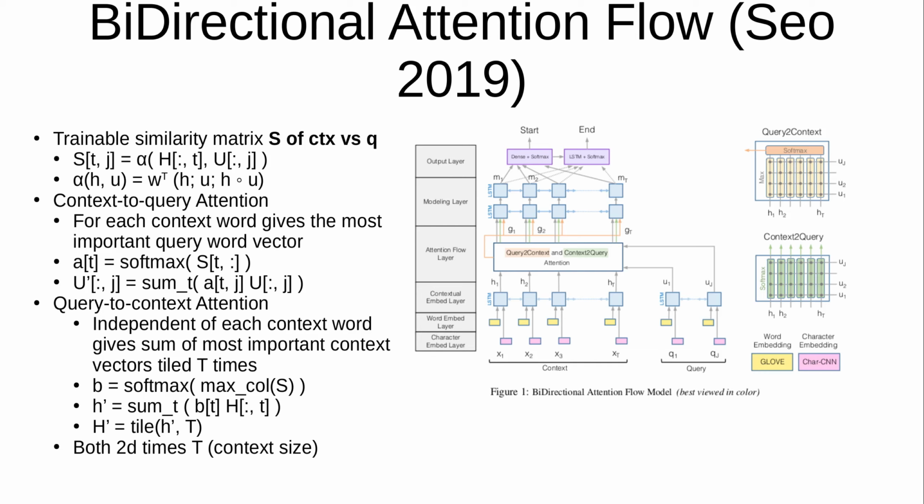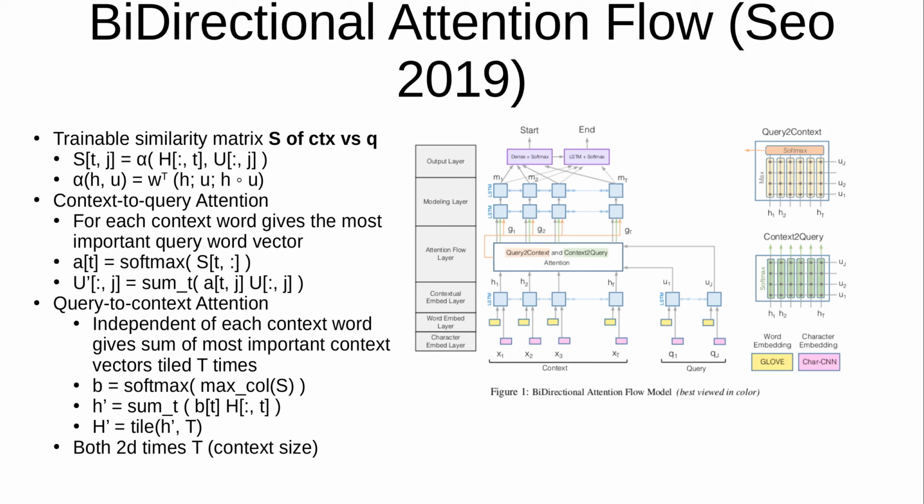So what is this core? This core is composed of two attention mechanisms, which are then combined into one with some sort of concatenation and Hadamard product. These two attention mechanisms both use a trainable similarity matrix, which is basically a matrix of similarity between the context words and query words.